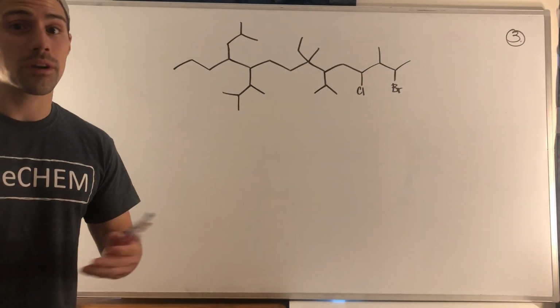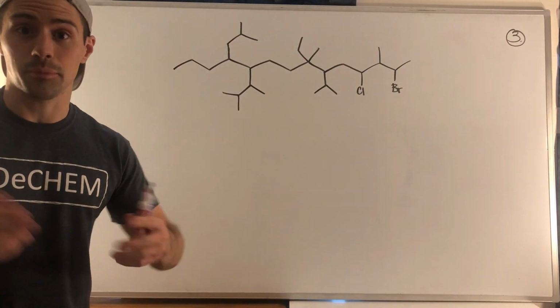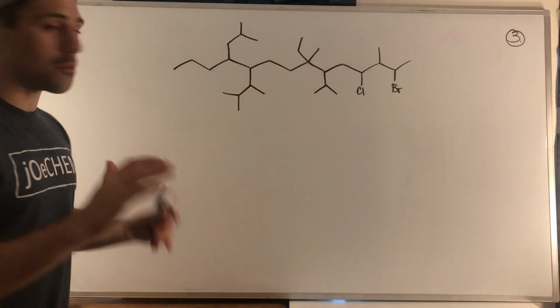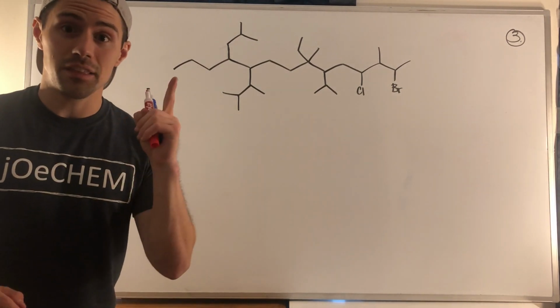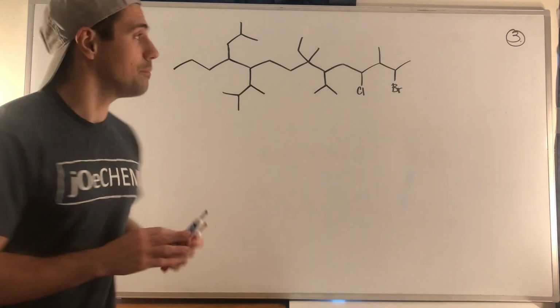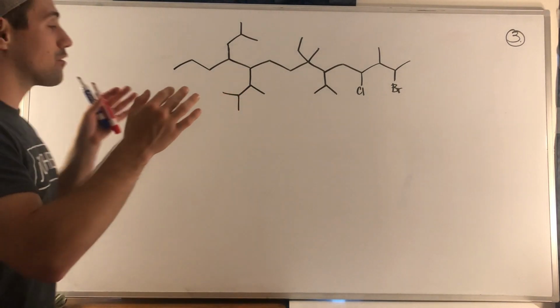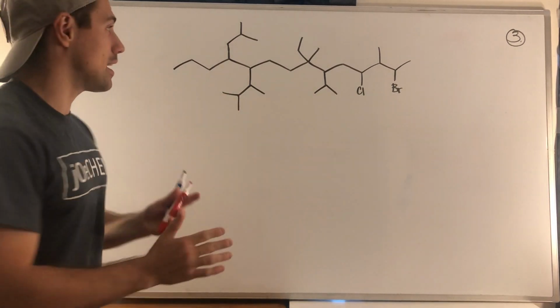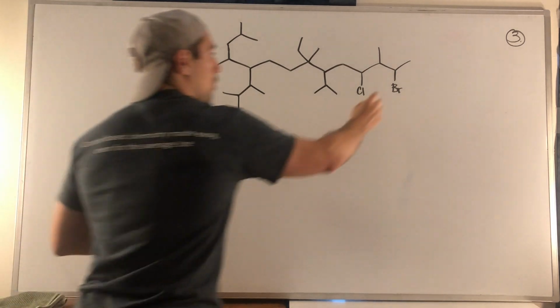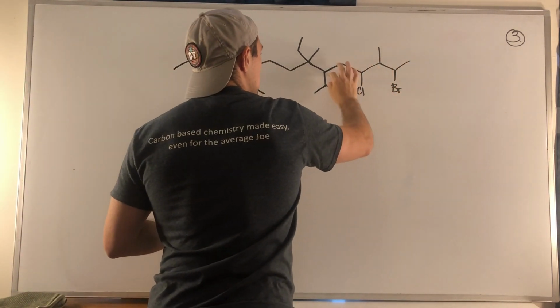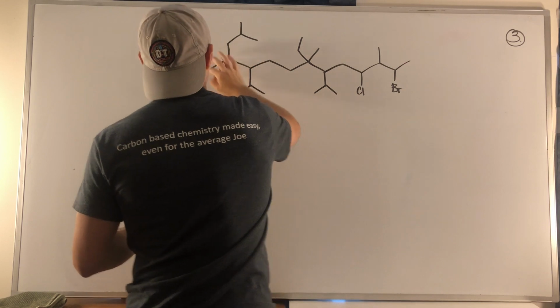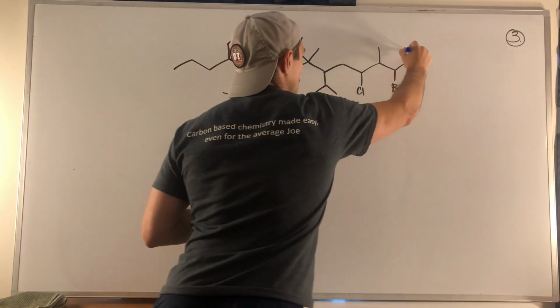Okay, gang, so now we're getting to what I think are the more interesting examples, 2 and 3. So remember, same approach. Let's find that dang parent chain, the longest one. So if we take a look here, we have quite a few options to count, right? So we could go 1, 2, 3, 4, 5, 6, 7, 8, 9, 10, 11, 12, 13, 14 straight across. 14 is pretty long.